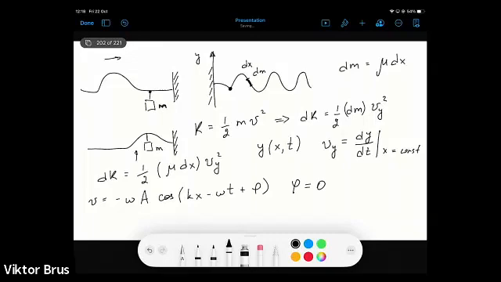Then we can substitute this expression for speed into the expression for the kinetic energy. Let us do it on the next slide.